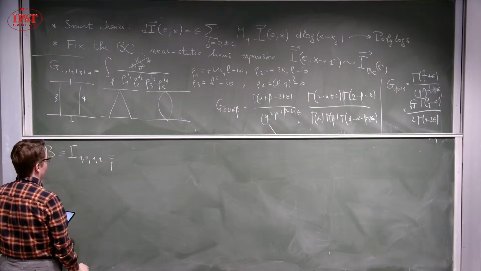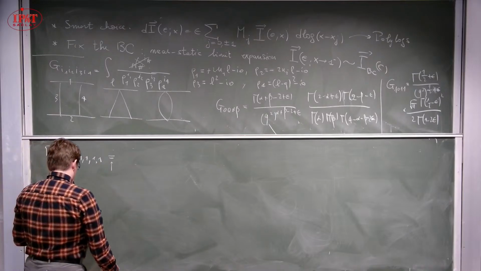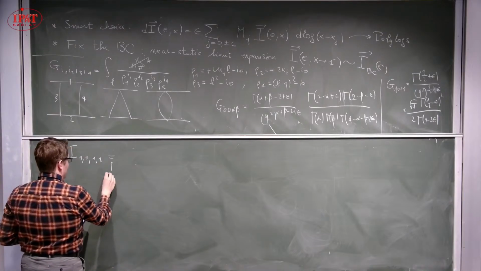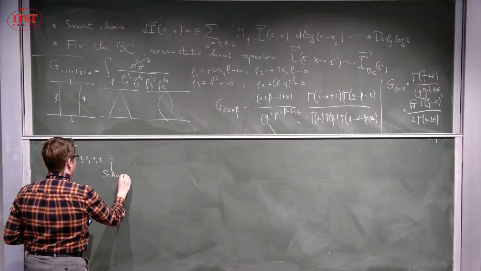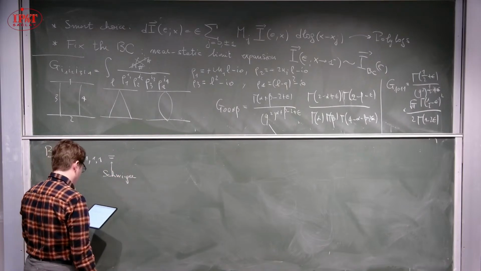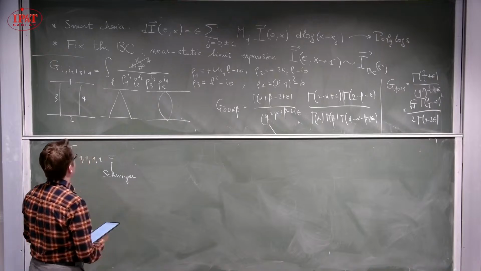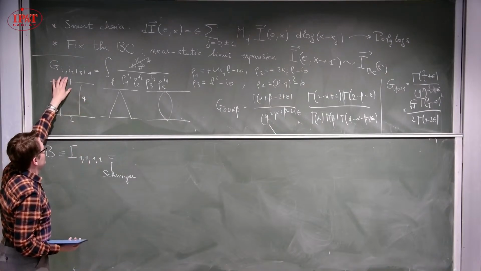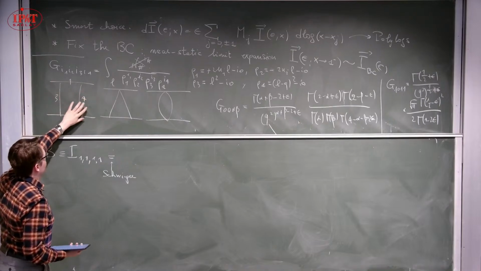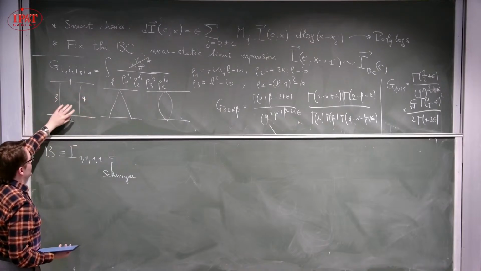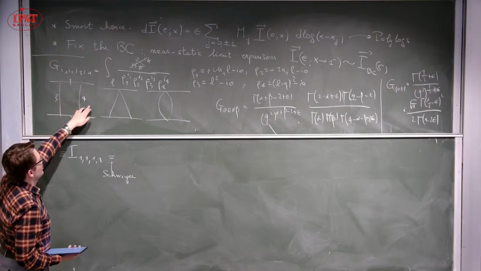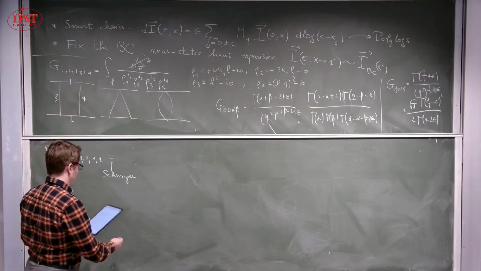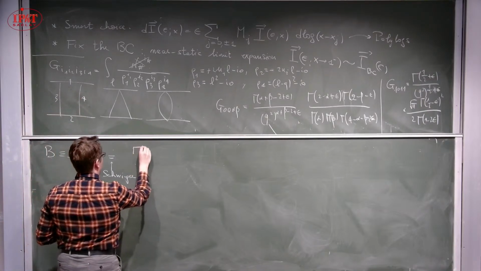You can use your favorite parameter representation. I like Schwinger parameters, but it's up to you. You should be able to find that when you integrate over the Schwinger parameters associated to line 1, line 2, line 3, and line 4, you can factorize the two integrals by rescaling those associated to lines 3 and 4 by the ones associated to 1 and 2, and the result is the following.